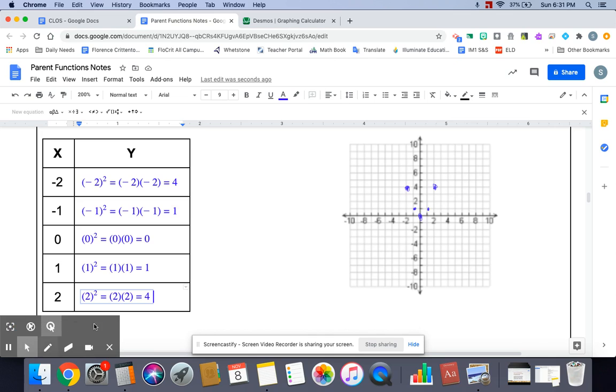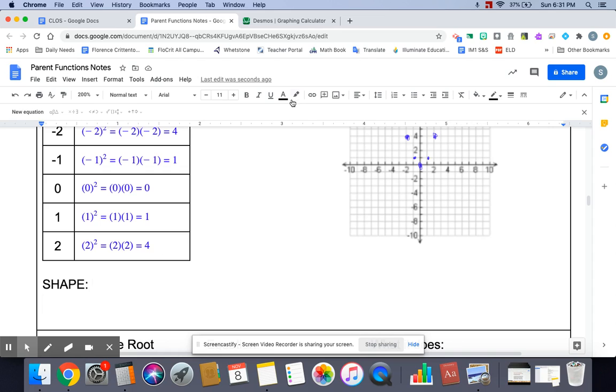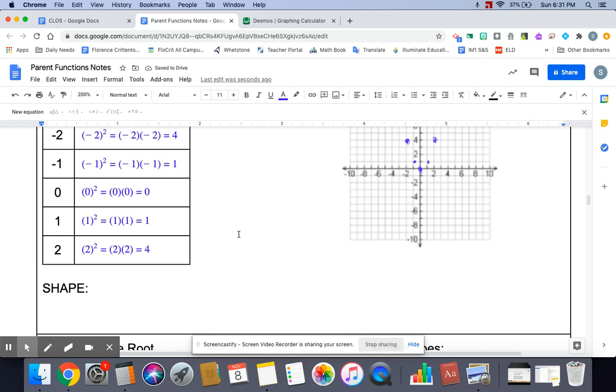And then when I connect my points, I need to make sure, for the shape that it makes, what shape? Remember, quadratics make parabolas, which is either the U shape, if I can make it pretty, or the N shape. In this case, it's opening upwards, so the parabola is going to make that U type of shape.